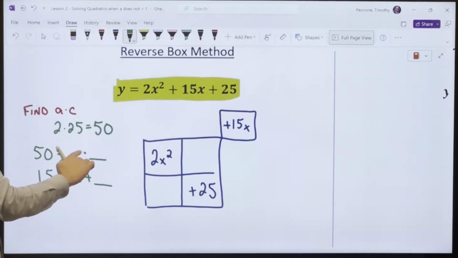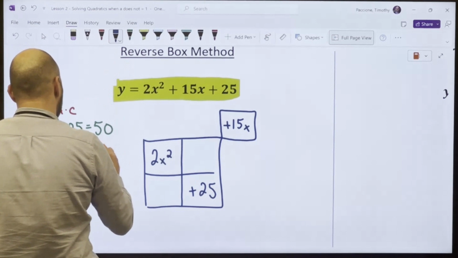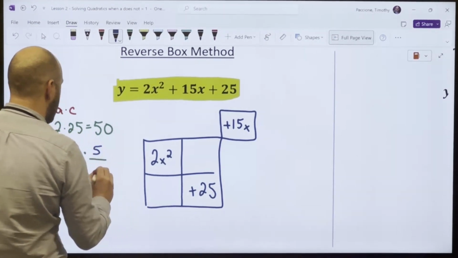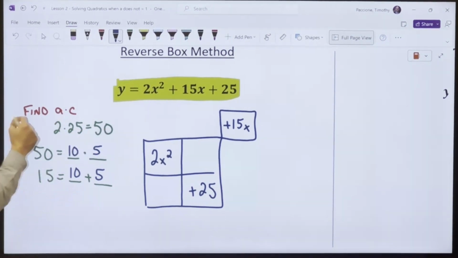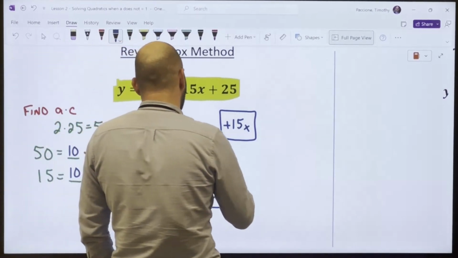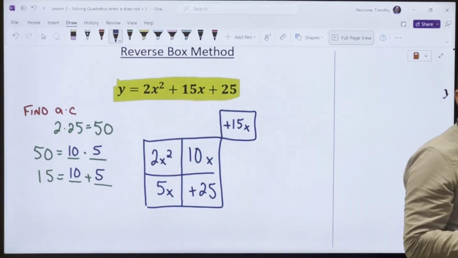Two numbers that multiply to give me 50 and add to give me 15. 10 and 5. You see that, right? They multiply to give me a times c now, and they add to give me b. Now, those are what's going in those other boxes. So I put 10x here and 5x here, or vice versa. It doesn't really matter at this point.